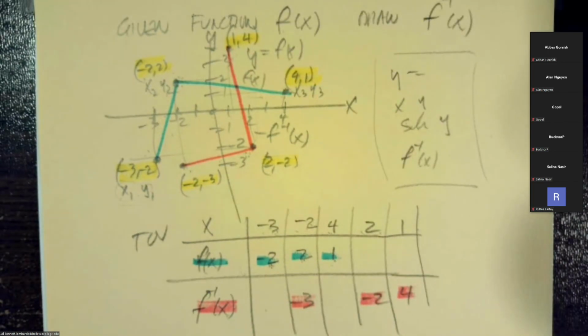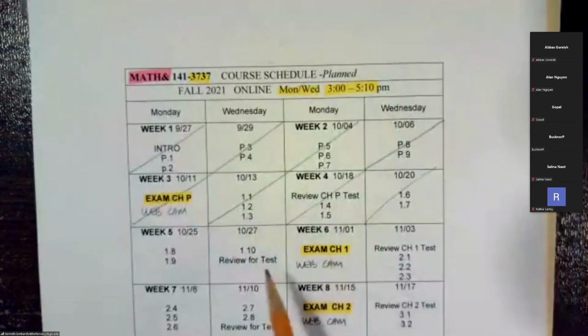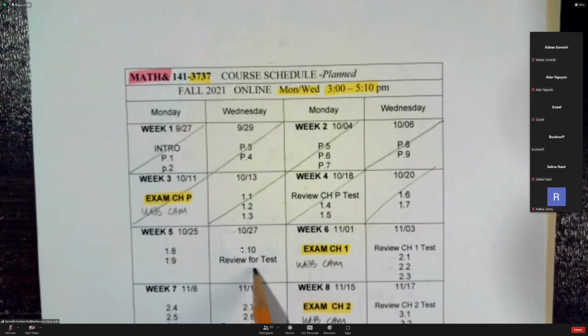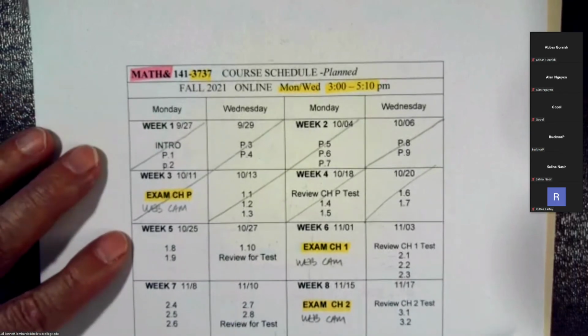Okay, now that's all I have for today, but I will stay after for any questions that you might have. And let's see, tomorrow we're going to cover, what did we say we're going to cover? 1.10. Tomorrow we'll cover 1.10, and then I will take any questions that you might have on anything in chapter 1.